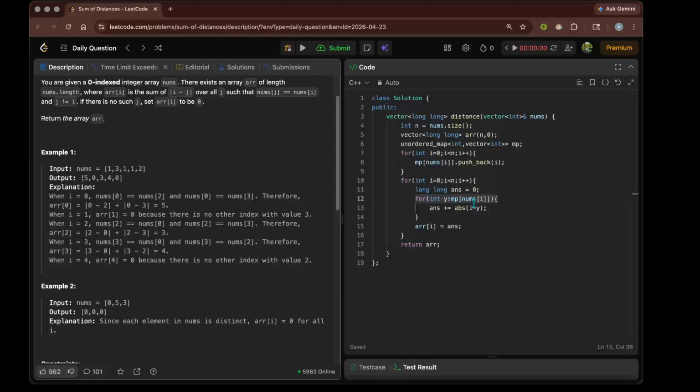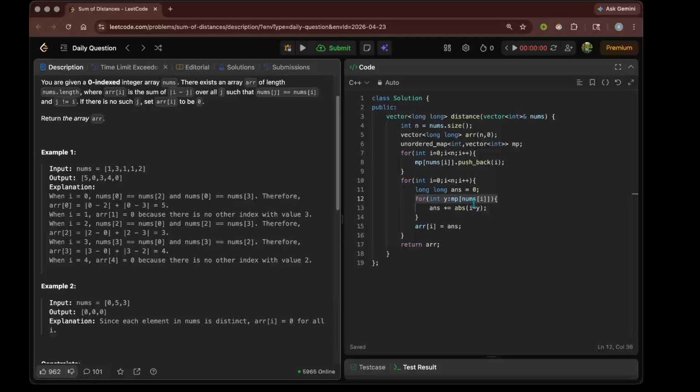I will insert 1 first, zero. We didn't find anything, so it would be zero till now. We didn't find three till now, so three would be zero.